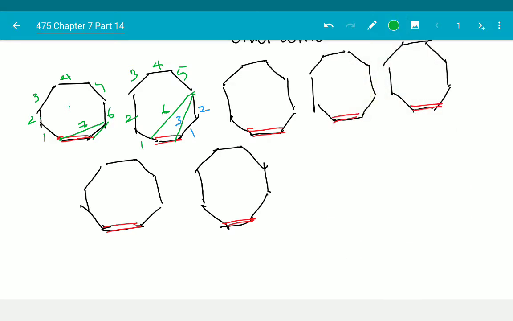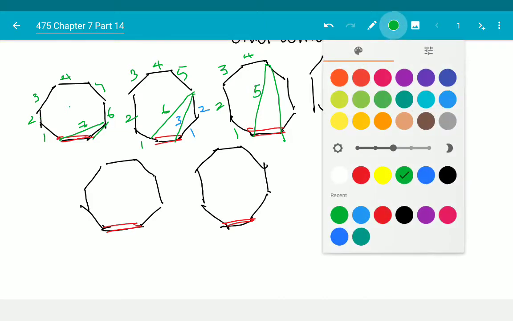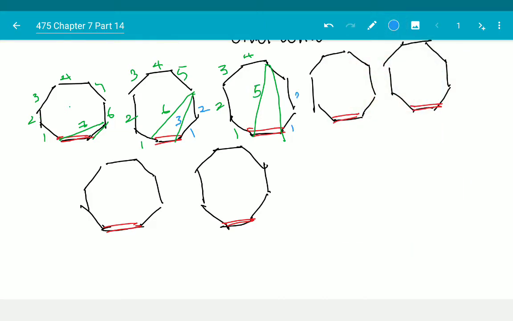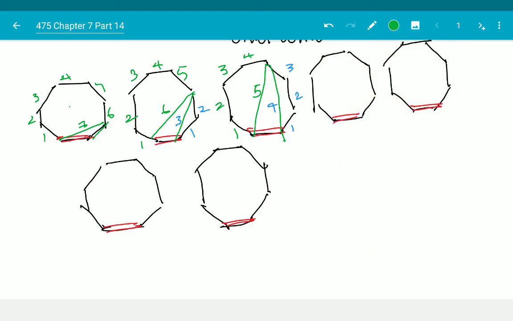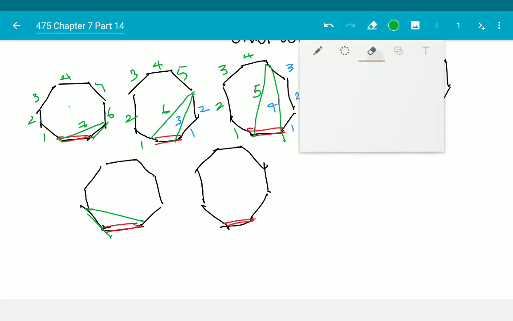Let me go back. 5 and 4, so 7 and 3. You can see how this is working out, right? So this is going to be exactly symmetrically opposite, going this way. Oops, I drew one too many.